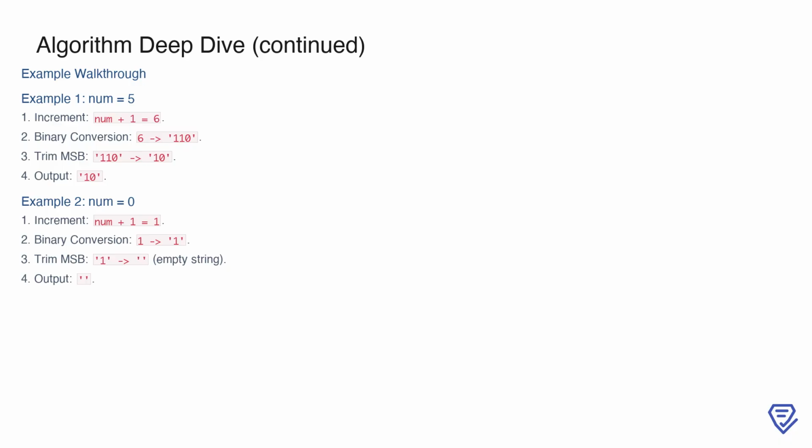The binary representation of 1 is 1. After trimming the most significant bit, we are left with an empty string, which becomes the output. These examples illustrate how the algorithm consistently applies the same steps regardless of the input value, ensuring correctness and simplicity in deriving the encoded representation.